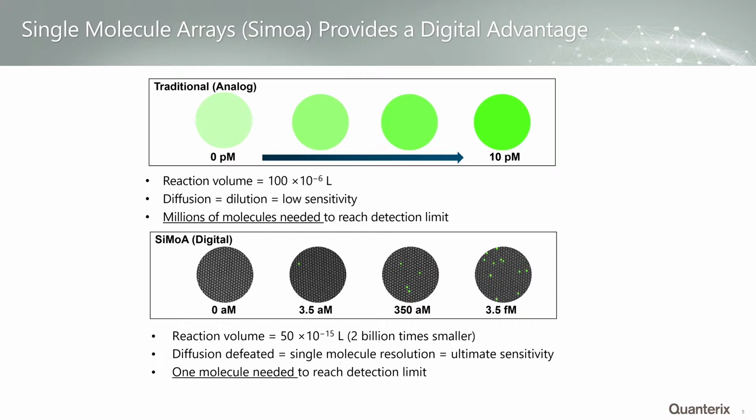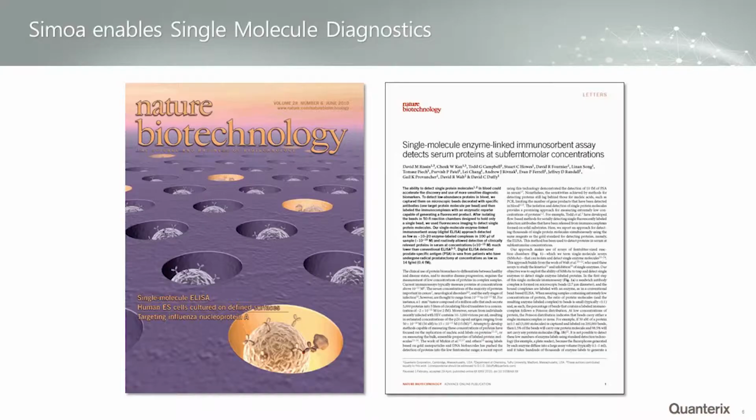We seal them up, and if there's an enzyme in one of those tiny wells, it produces enough signal that's trapped that we can, in about 30 seconds, count that. So you go from needing millions of molecules to needing a single molecule to detect. We described this in Nature Biotech in 2010. It's 9 years, it's hard to believe.